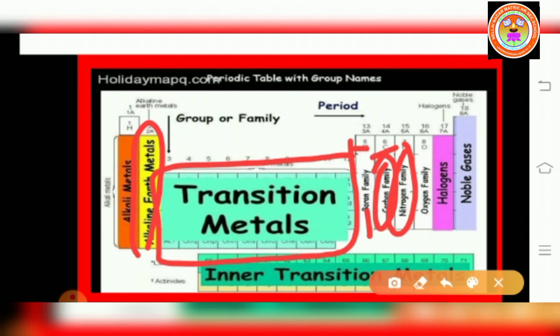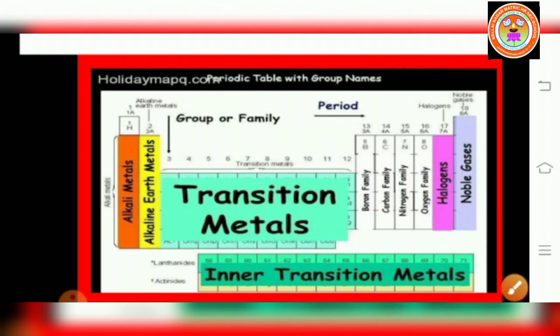Group 16 elements are called the oxygen family because oxygen is the first member of this group. Another name of this group is the chalcogen family. Group 17 elements are called halogens and group 18 elements are called noble gases.